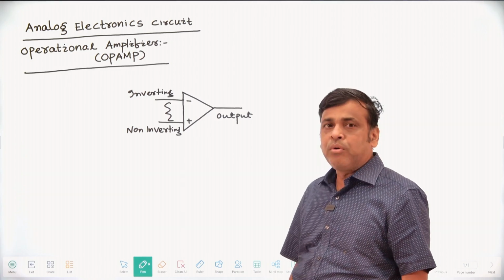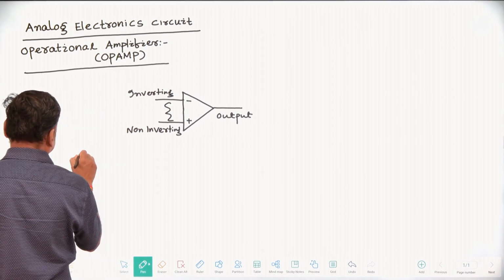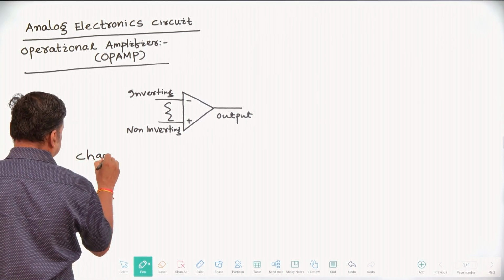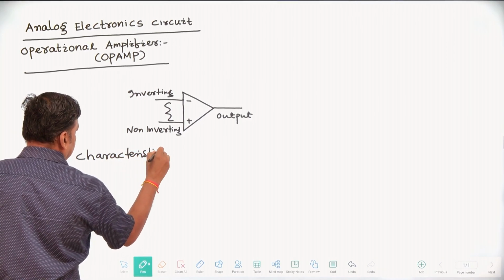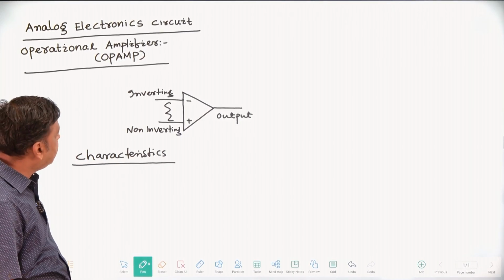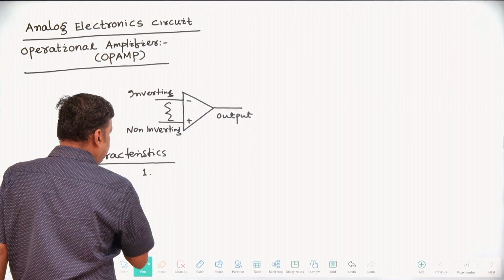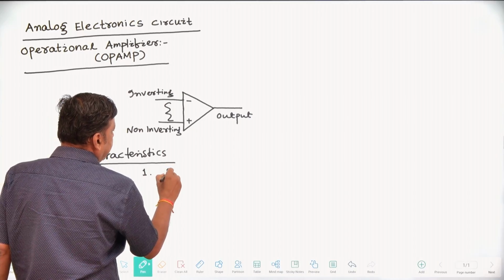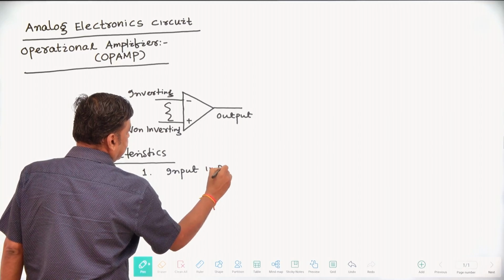First of all, we need to know the characteristics of operational amplifier. Number one characteristic is the input impedance.